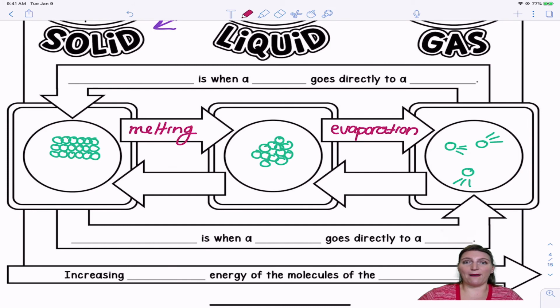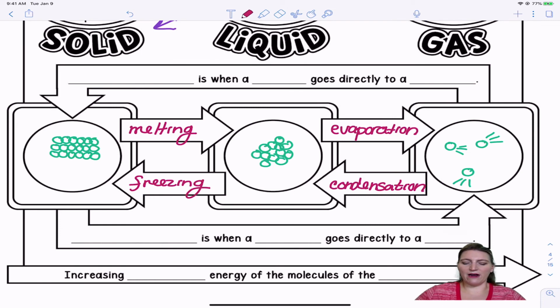When I go from a gas to a liquid, that's called condensation. Maybe if you have an iced beverage in the summer and the sides get wet, you can say, oh, there's condensation on the sides. That's because the water that's in the air has turned to a liquid on the cold beverage, right? And then going from a liquid to a solid, it's nothing fancy. It's called freezing.